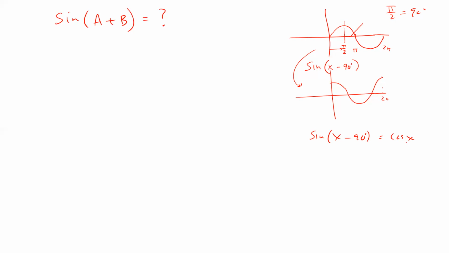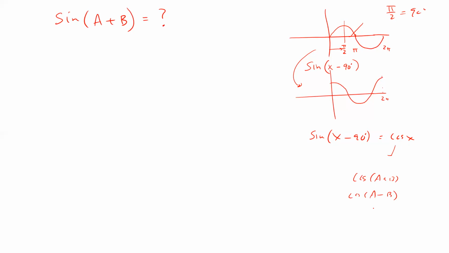That does not help me though, huh? In fact, I probably have to go the other way. I'm just trying to figure out how to connect. I have rules for this, don't I? I have rules for cosine of a plus b, cosine of a minus b.